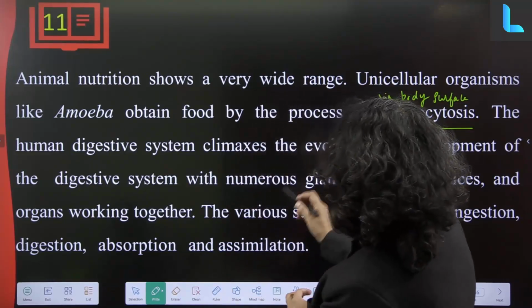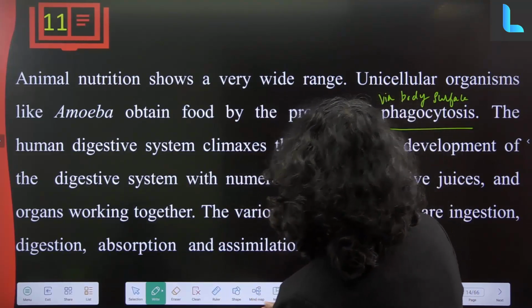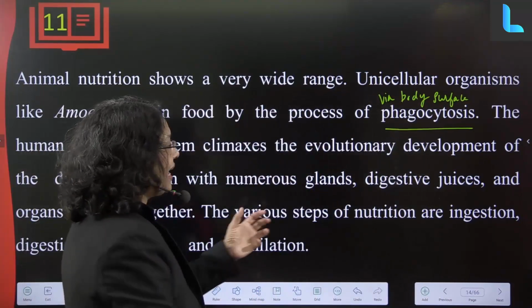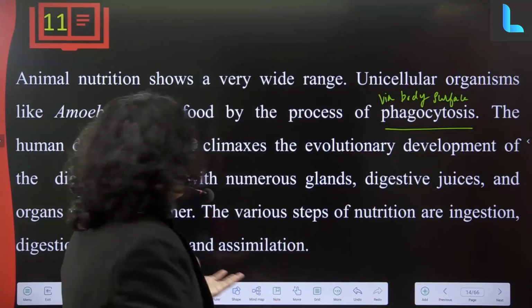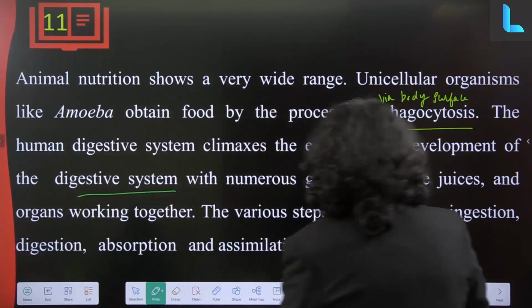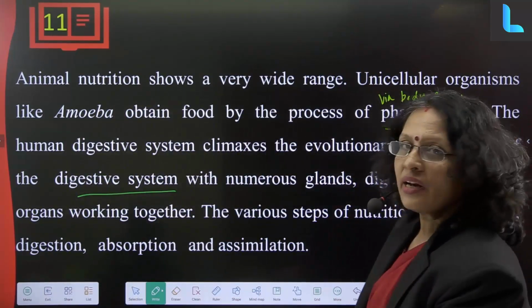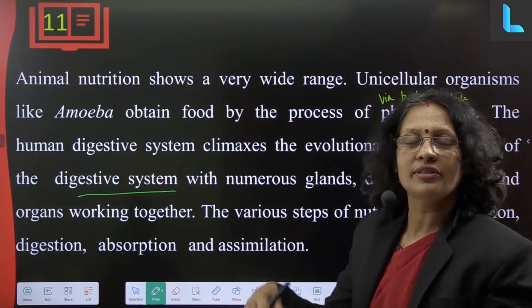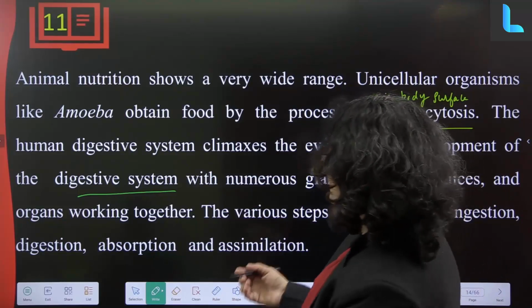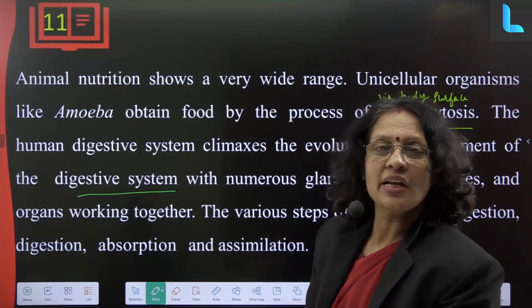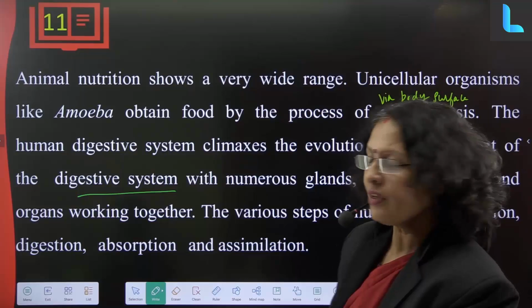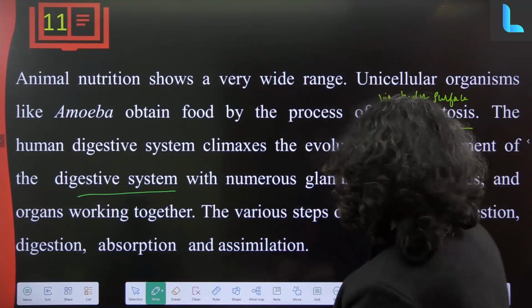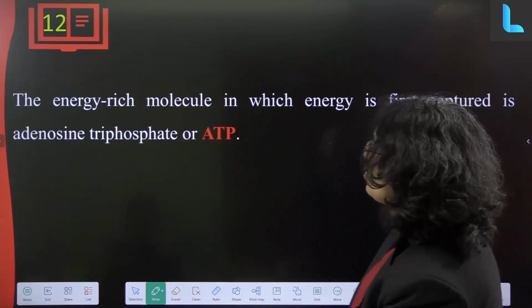Here the human digestive system climaxes the evolutionary development of the digestive system, with numerous glands, digestive juices, and organs working together. The various steps of nutrition are ingestion, meaning having food; digestion, breaking it into smaller parts; then absorption, after breaking into smaller parts it should be absorbed; and assimilation, meaning how it will be sent to the whole body for giving energy or doing work.